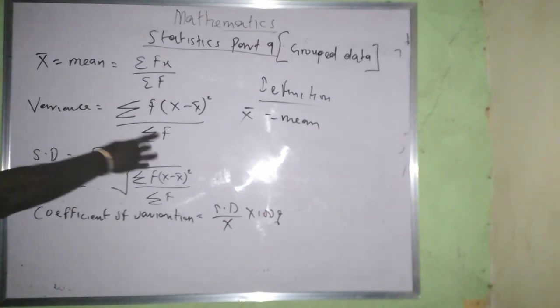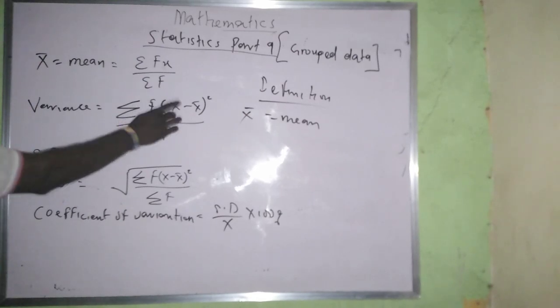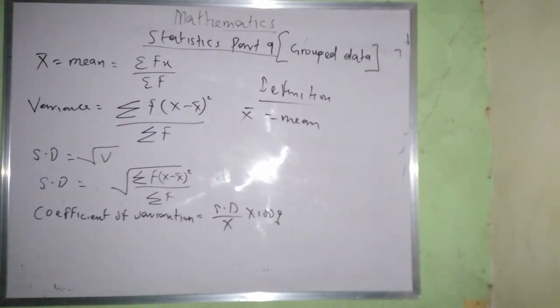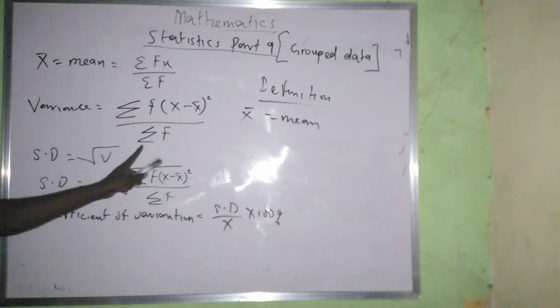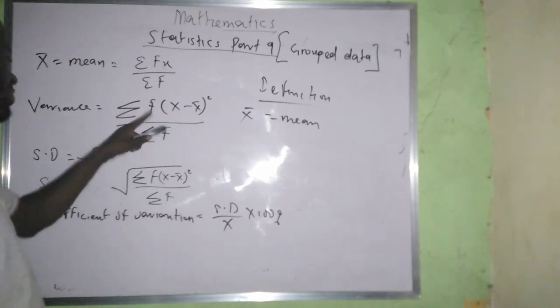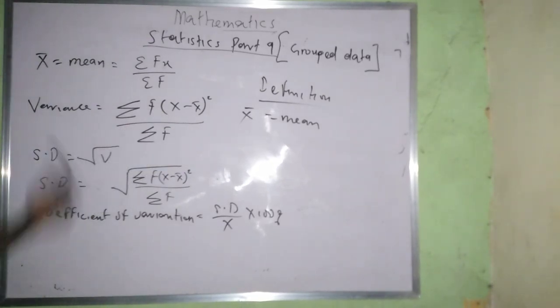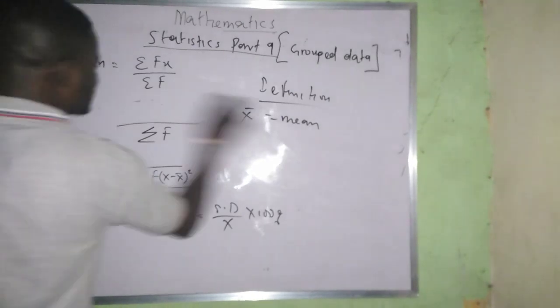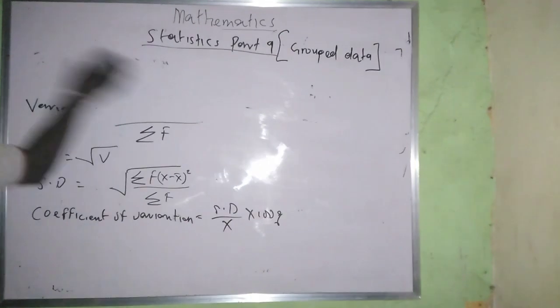These are summation, which means you have to sum it up. This is frequency, f. This is our s, which means our mark. Now, let me give an example to illustrate this point.